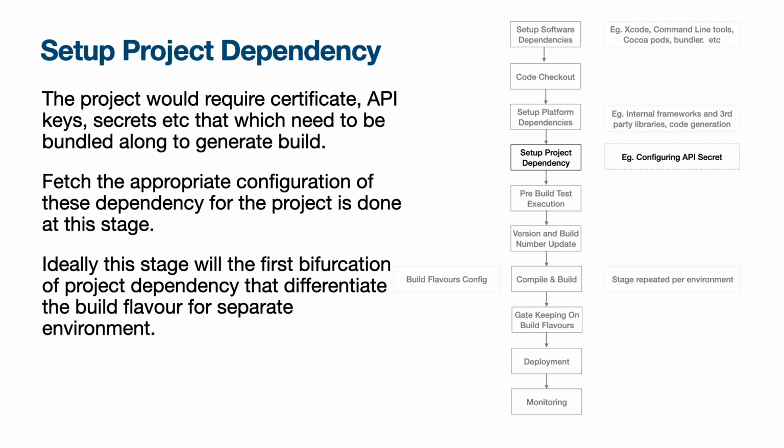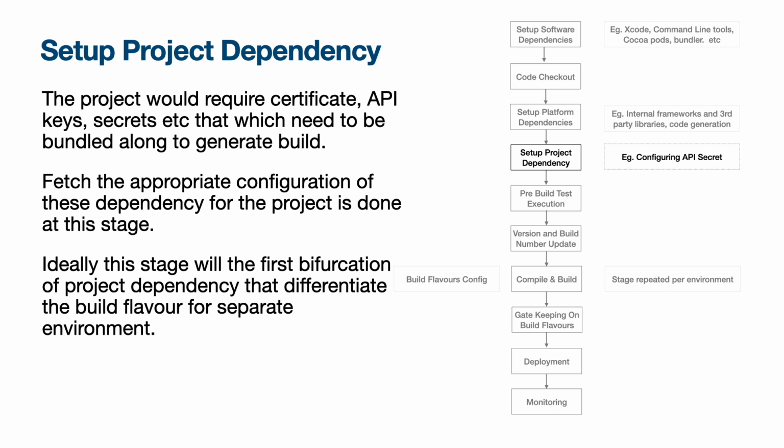And the latter, setup project dependency, would be to set up those items that would be bundled together along with the application and become one artifact that gets deployed. And these items could potentially be a configuration that is externalized and that determines the behavior for different environments.